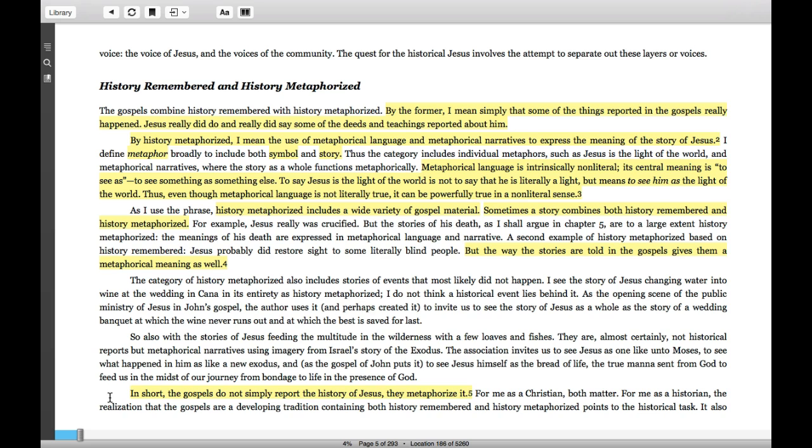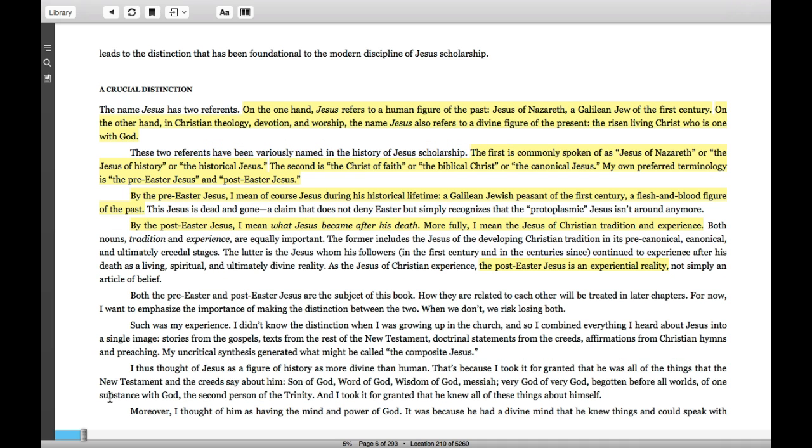They really unpack and they really entail the depth of the meaning, the significance of Jesus' life. Because remember, Marcus Borg is one who calls Jesus the Christ, and therefore, for Marcus Borg, the Gospels contain depth and truth. It's not simply what Jesus did and what Jesus said. So he goes on to make a crucial distinction.